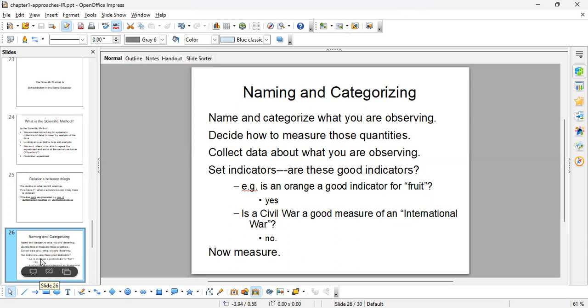No, because civil war happens within the state, whereas international war is happening between two states or three states or more. So your indicators actually have to work, right? They have to make sense. Once you've decided on an indicator, you can now start using some kind of method to measure quantities.